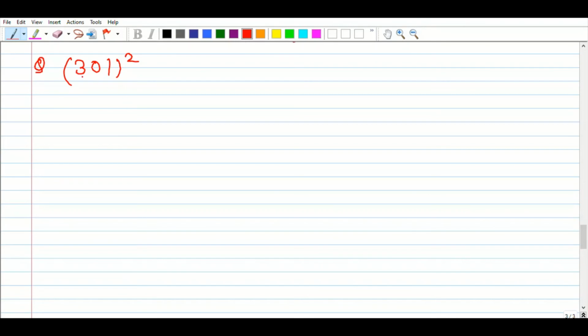So 301 is larger than the nearest base of 100.